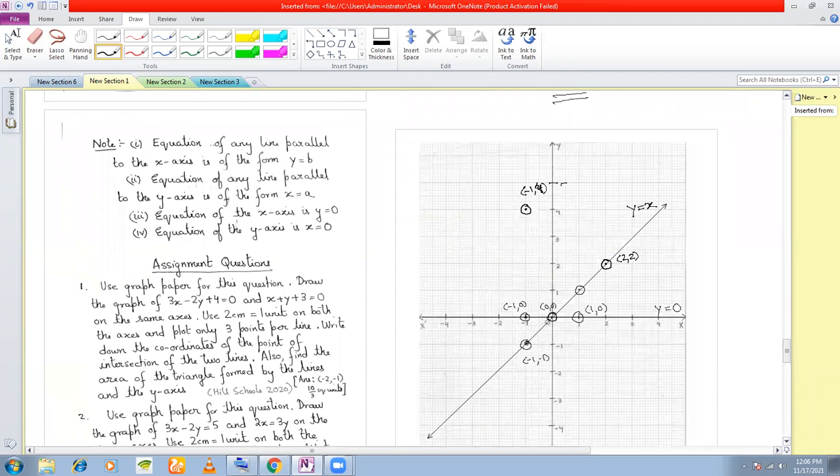So this is 5 and this is 6. So -4, 6 will be here. Fine. Now we'll join this with the help of a straight line. So all the 3 points, straight line we have drawn.